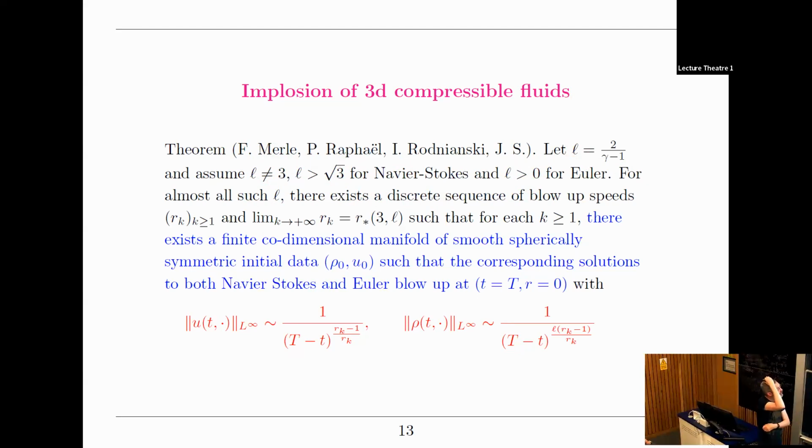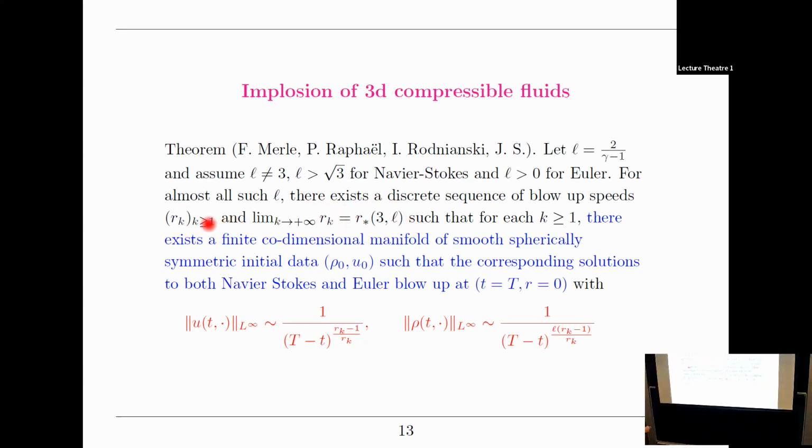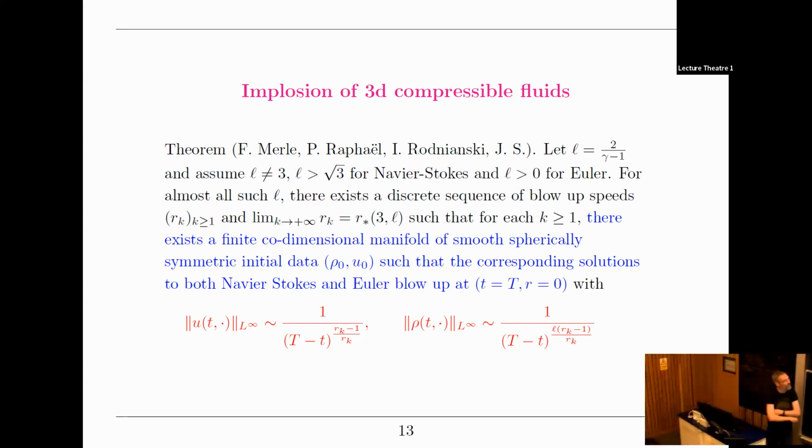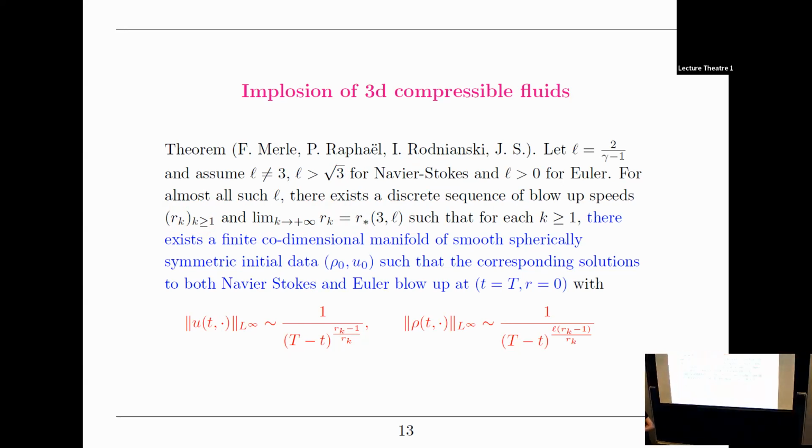Okay, so of course, this slide looks very much like the NLS one. Again, you see your favorite sequence of R_k, which will only be explained at the end, such that this R_k converges in the limit to a special value. And then for any of these blow-up speeds R_k, you will have again a finite codimension manifold of smooth spherically symmetric data that blow up in finite time at the origin.